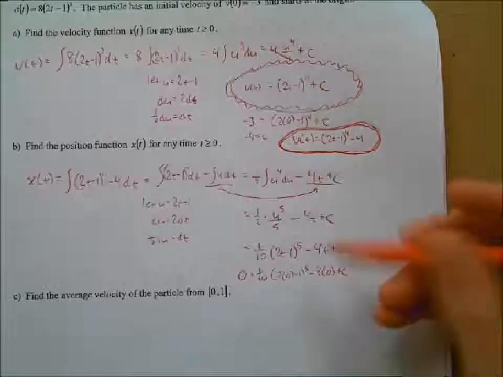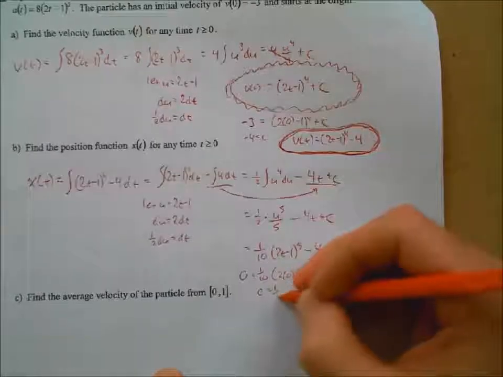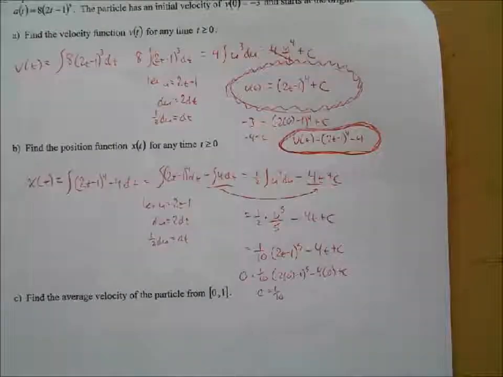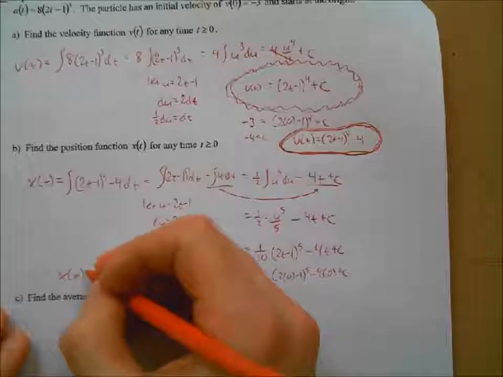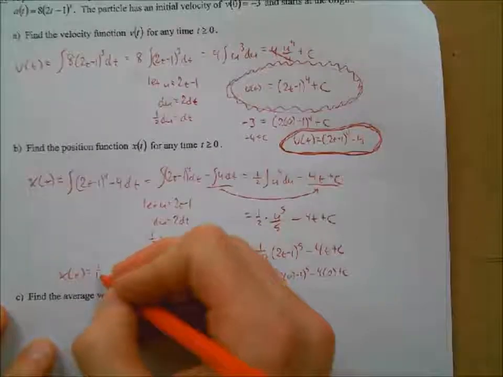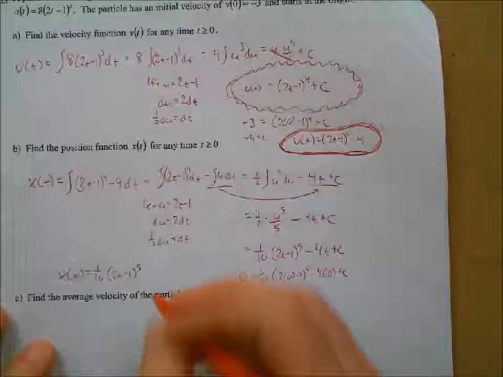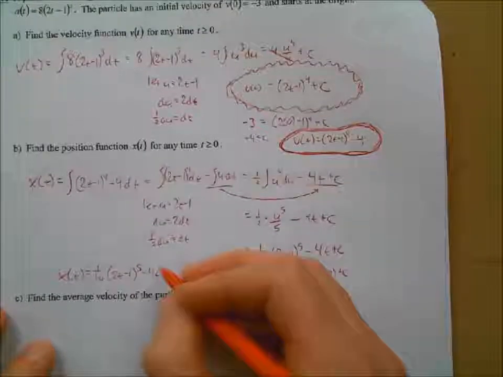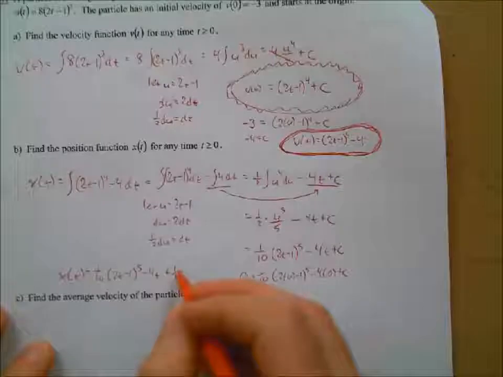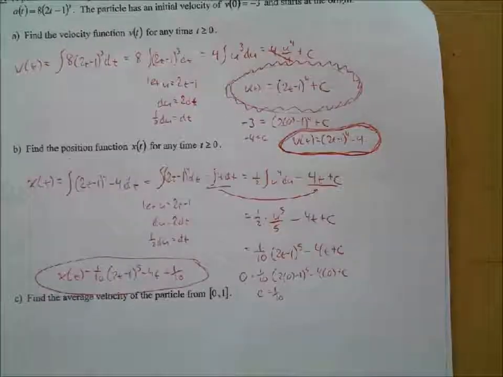So c is positive 1/10. And so our position is 1/10 (2t minus 1) to the 5th, minus 4t plus 1/10.